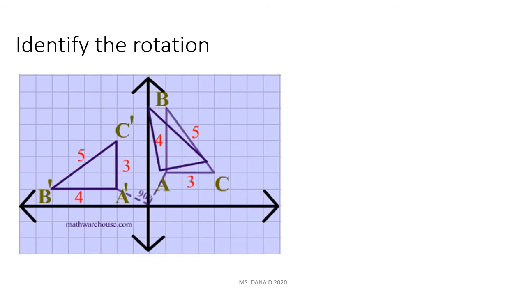So as we need to identify here the rotation, as you have noticed, O is my origin. So from A to O, from my pre-image to O, is the same as from my origin to the image. So I have to connect A to O, and then I have to take the same distance forming 90 degrees and complete the angle to get my new location A prime.